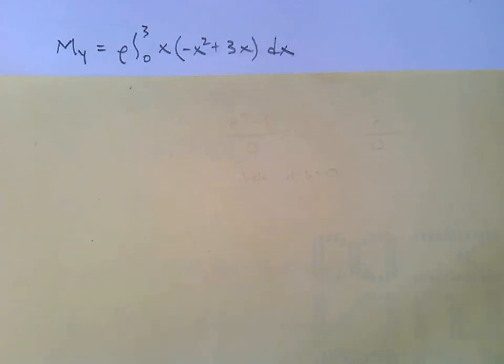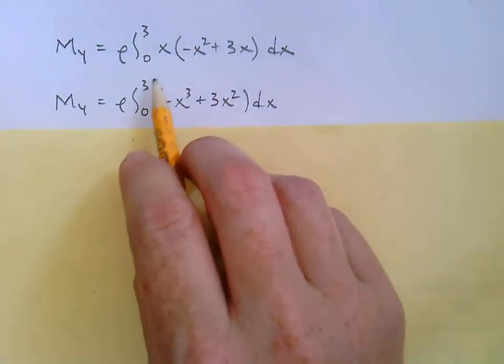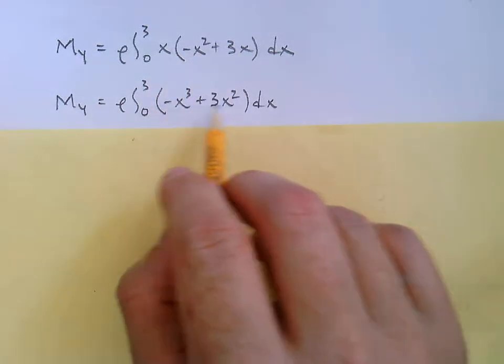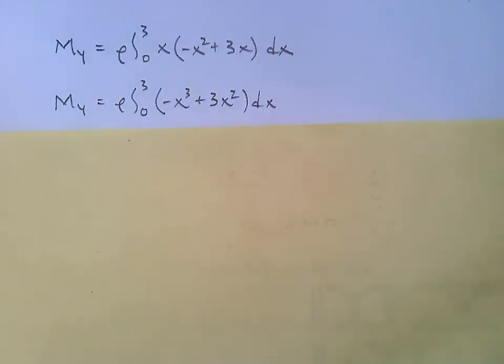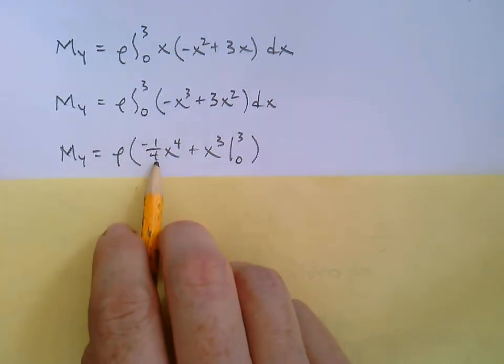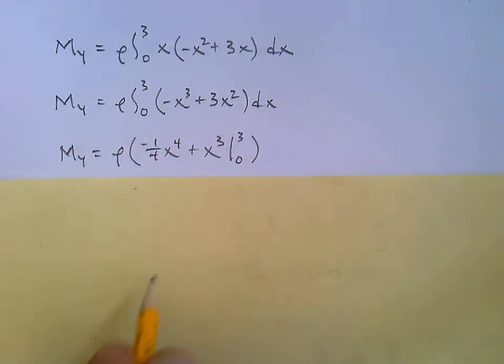And all right, well, this integral is not going to be too bad, just a polynomial if we multiply that out. Negative x to the third plus 3x squared. And integrating, no problem, My equals rho times negative 1/4 x to the fourth plus, and well, there you go, x to the third from 0 to 3.